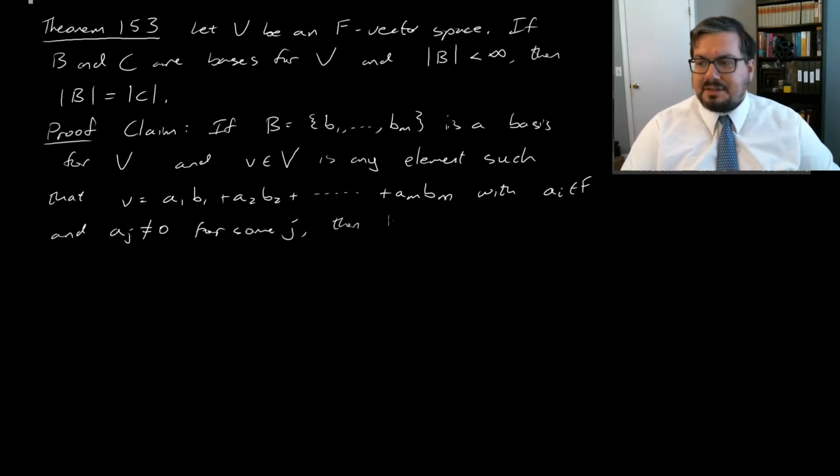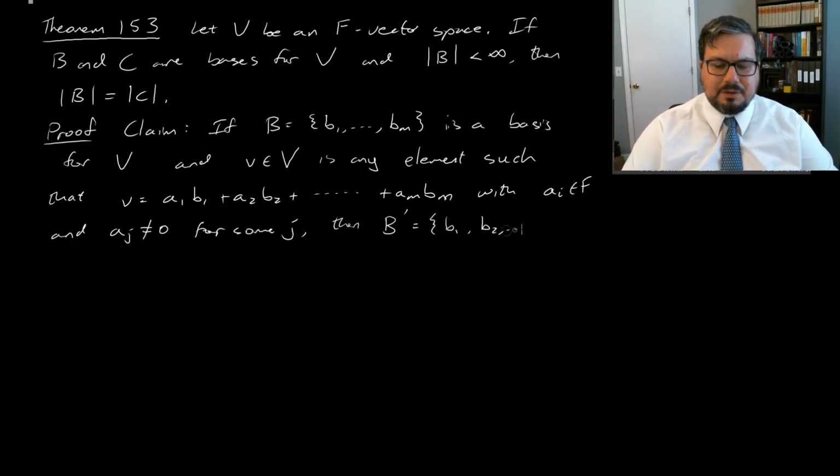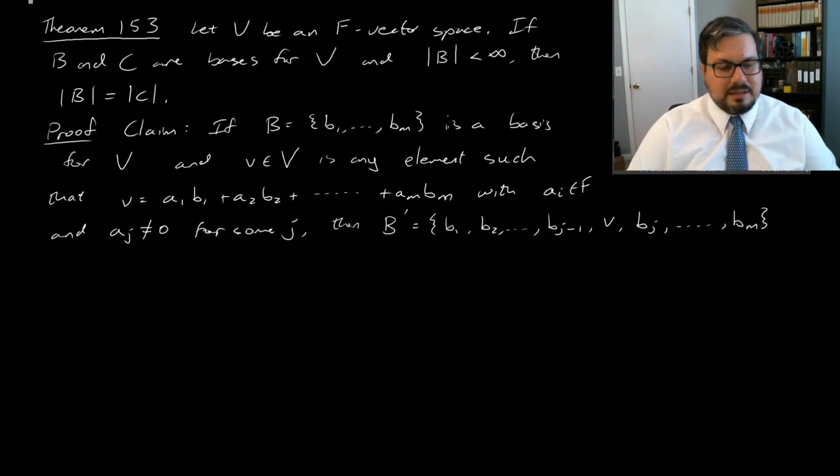Then the set B prime, which is given by b1, b2, up through bj minus 1, v, bj plus 1, up through bm, is a basis for V.